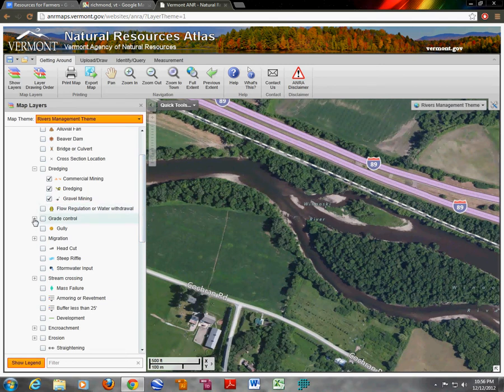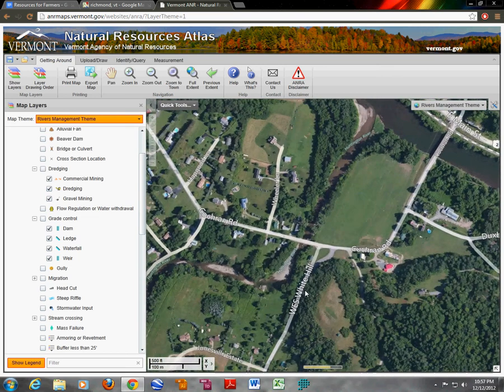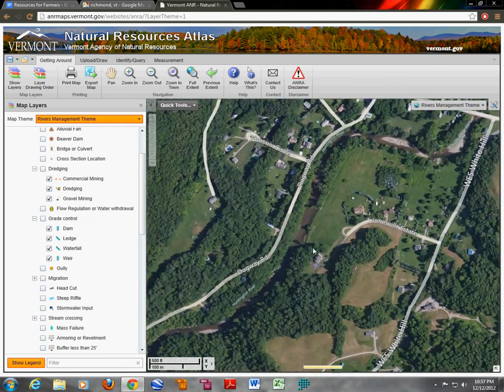The next thing that's going to be important is grade control, and that's essentially controlling how steep the river is. They're not going to do this on the main branch of the Winooski, but over here on the Huntington River, they might. I should turn the layer on first.